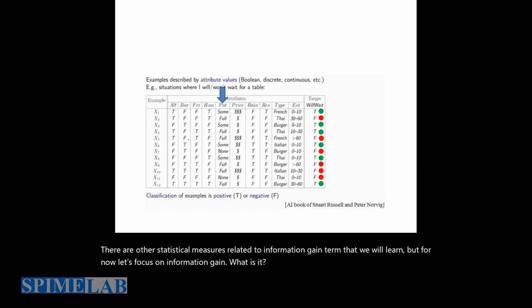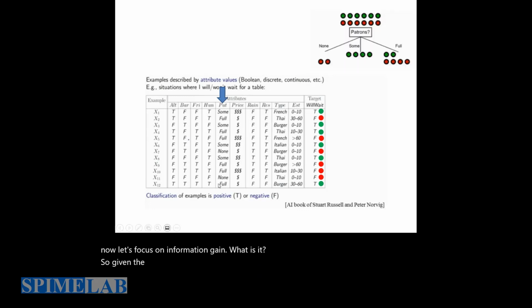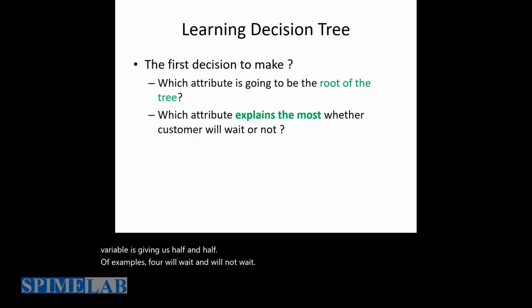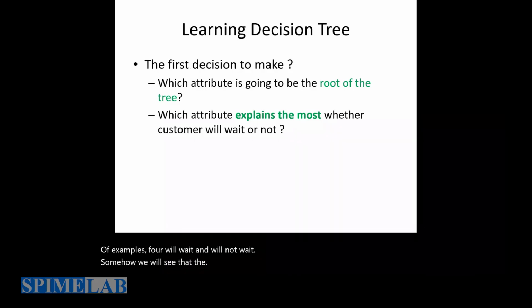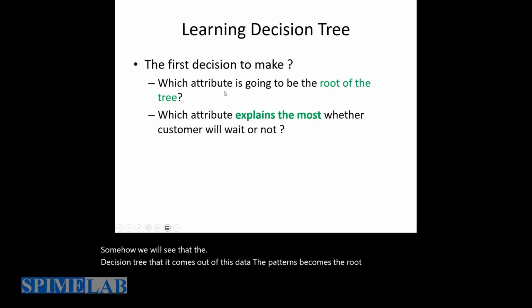So given the patterns attribute, we see that the patterns attribute has three values: none, some, and full. And the dependent variable is giving us half and half of examples for will wait and will not wait. So somehow we will see that in the decision tree that comes out of this data, patterns becomes the root node of the tree.